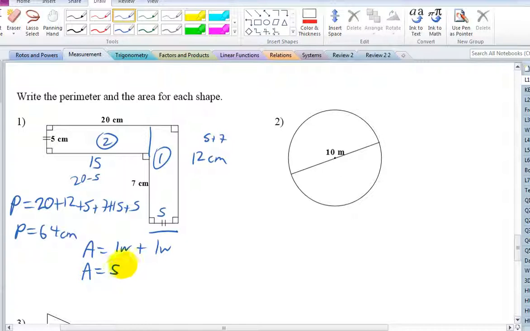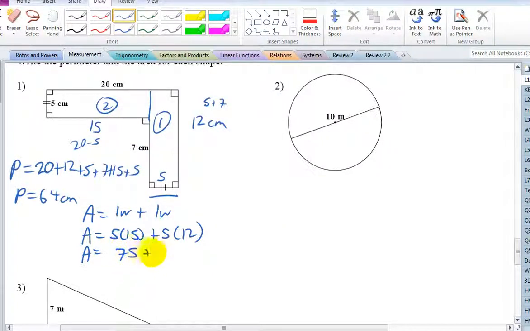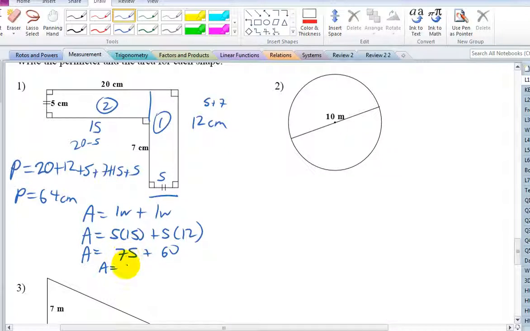Make sure you're using the proper dimensions when you're multiplying. It's 135 centimeters squared? Yep, good.